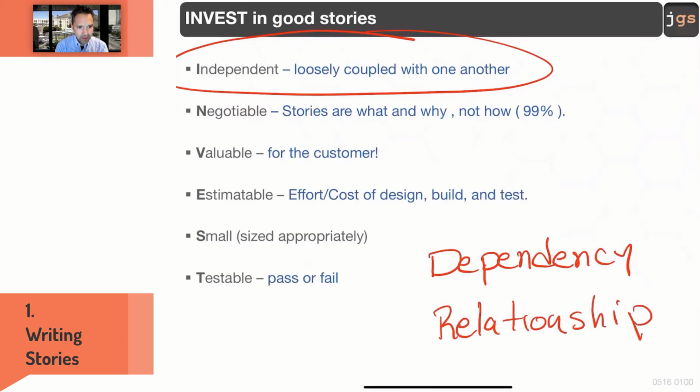Let me try to explain this. We have Arizona and we have Florida. And these two states are independent. However, they have a relationship. They are part of the same country.